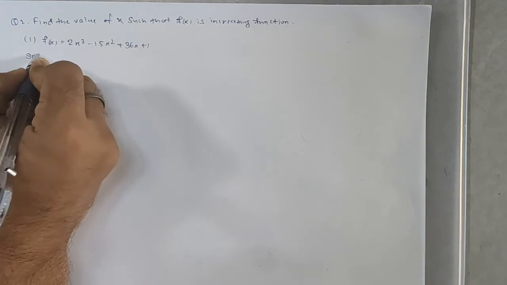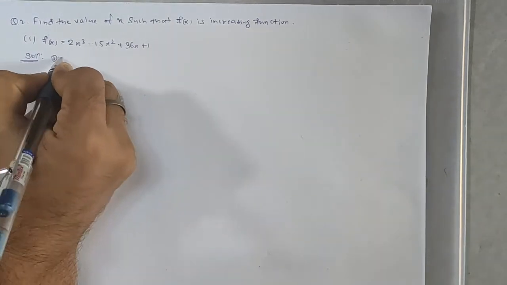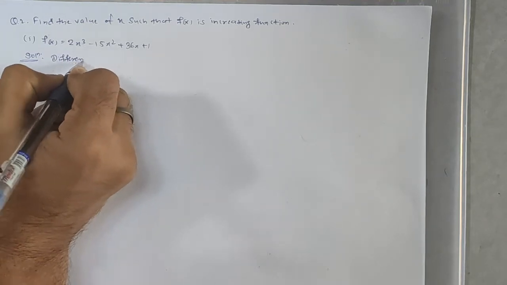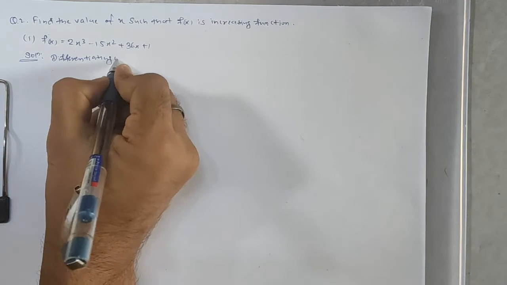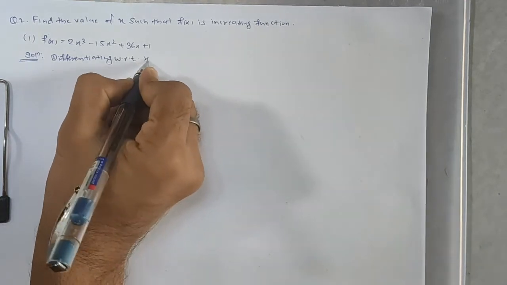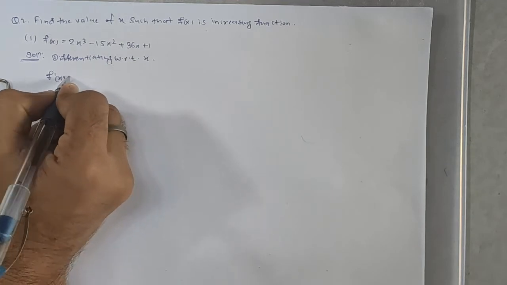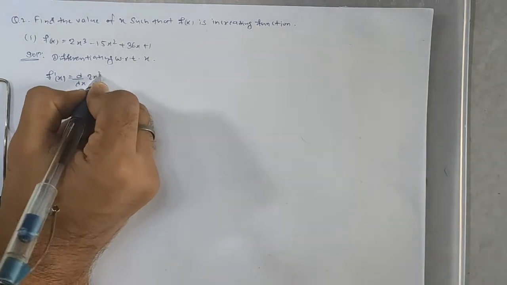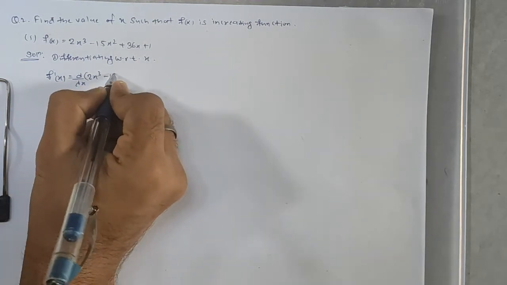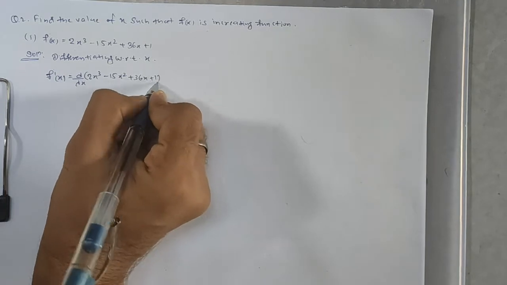Solution: differentiating with respect to x. So f dash of x is equal to the differentiation of 2x cube minus 15x square plus 36x plus 1.